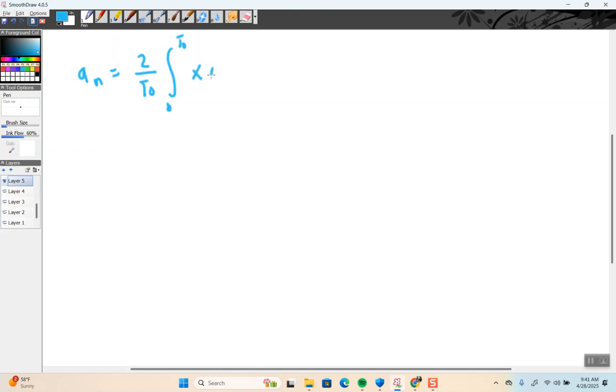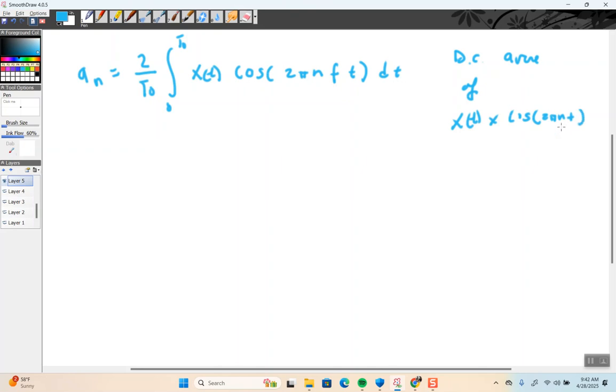I'm just going to use x(t) times cosine of 2 pi n frequency t, dt. So this constant is a DC average of the function times the particular cosine that you're interested in.